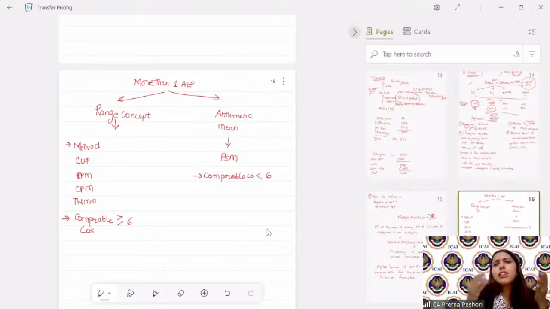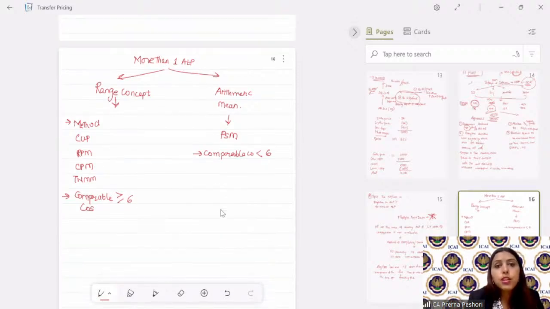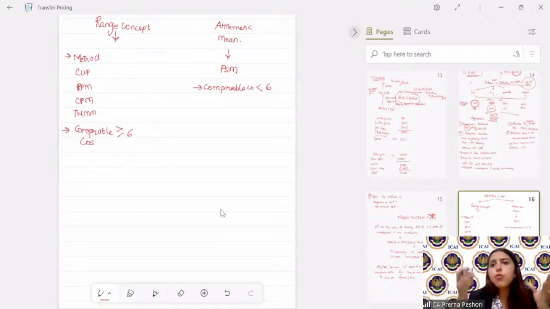If there are only less than 6 comparables, I can directly adopt the arithmetic mean. Let's try and understand first the range concept before we go to the arithmetic mean. Arithmetic mean, you all know. Say for example, we have 6 companies. We have found out 6 ALPs. You will take the mean of that. That is your arithmetic mean.